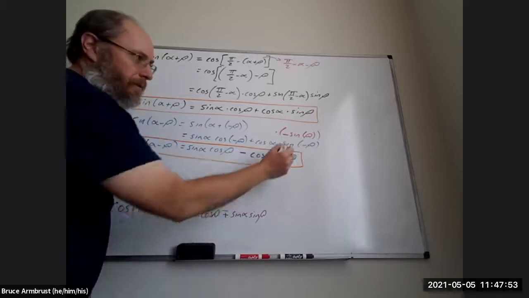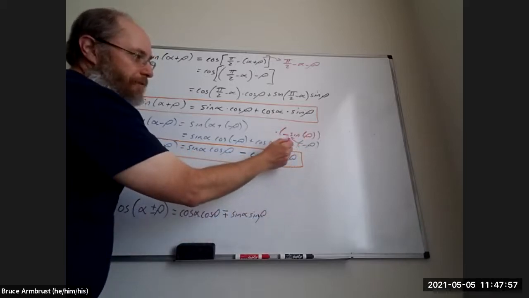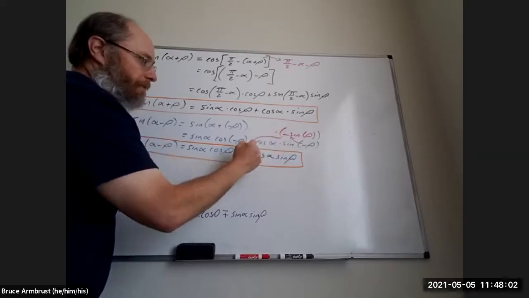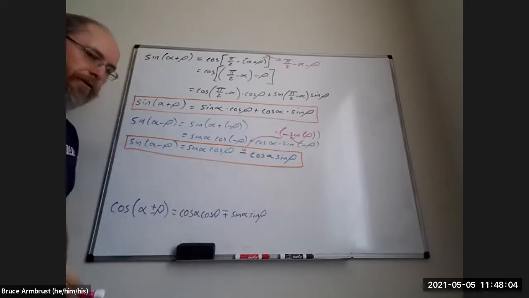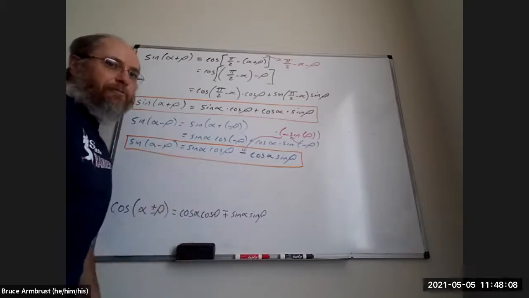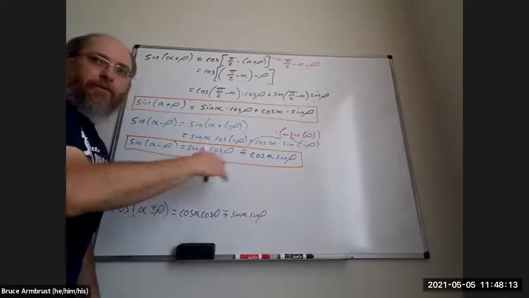Does that make sense? So the odd property brought the negative in front of the sine, which then, because I'm multiplying, brings that negative out front. Think about if you take 5 times -2, we just immediately write it as -10. So it's the same kind of idea.